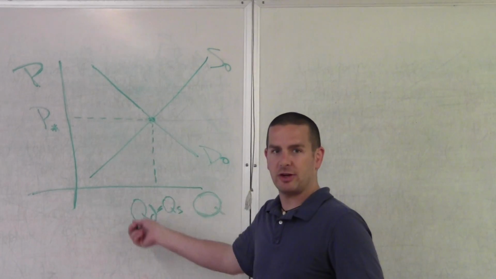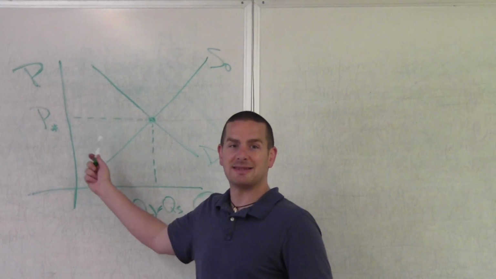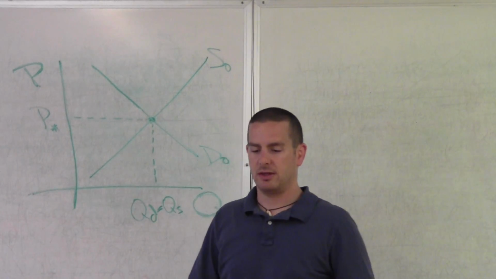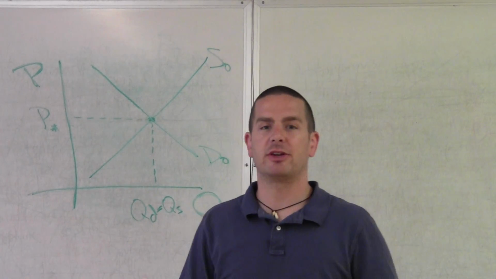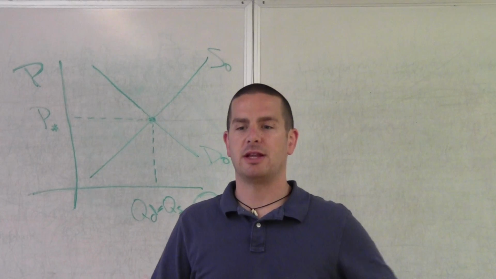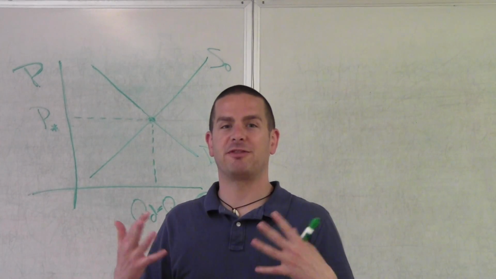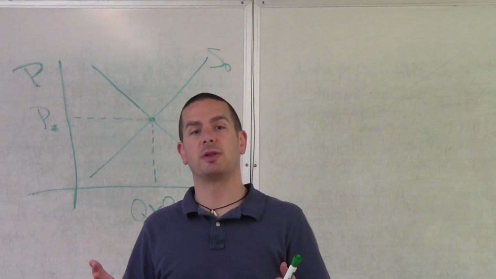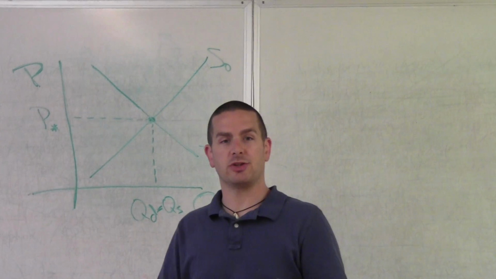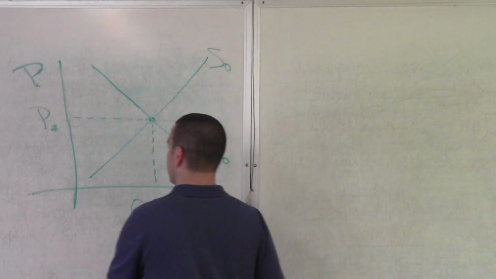This is a market clearing quantity, and this is a market clearing price. Okay? If you have a market clearing price and a market clearing quantity, then the market has cleared. Okay? It means there's nothing left over. There's no surplus, or there's no shortage, which are the other two concepts we're going to look at right now.